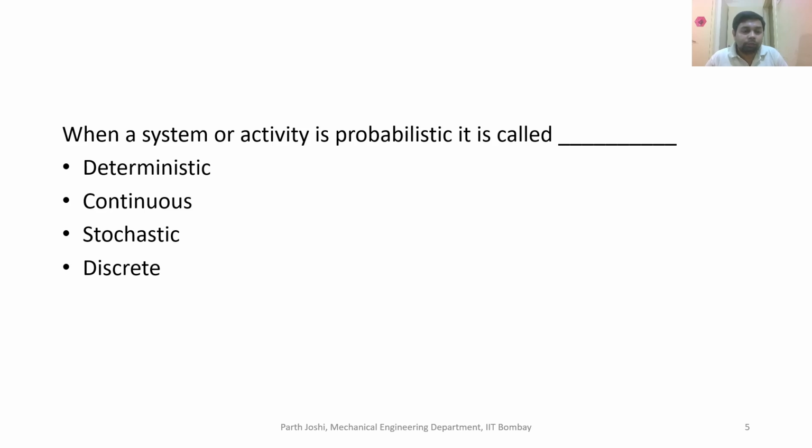I suppose it is stochastic. Yes, you're right. Stochastic is when there is some kind of random variation of the particular properties of that system. That's why we call it probabilistic.